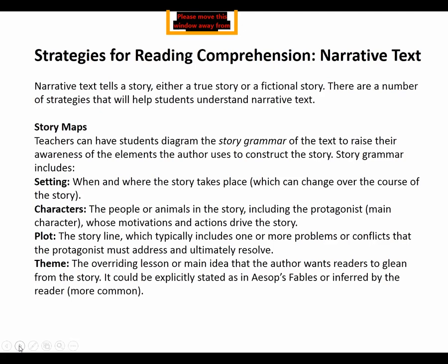And then the last is the theme, the overriding lesson or the main idea that the author wants the reader to glean from the story. It can be explicitly stated, as in Aesopian fables, or inferred by the readers. Okay, so theme is the basic or the main idea of the text.